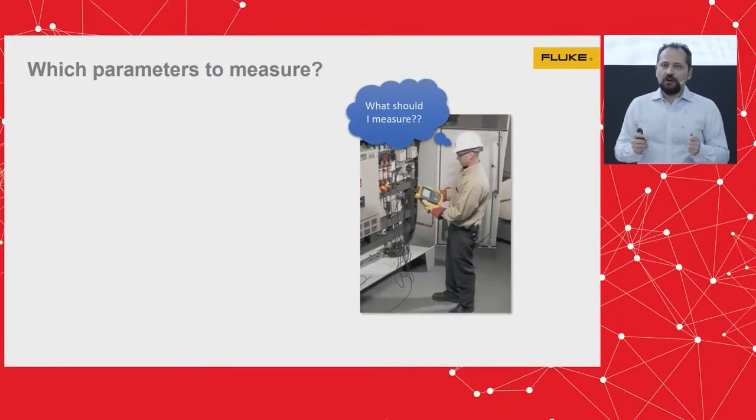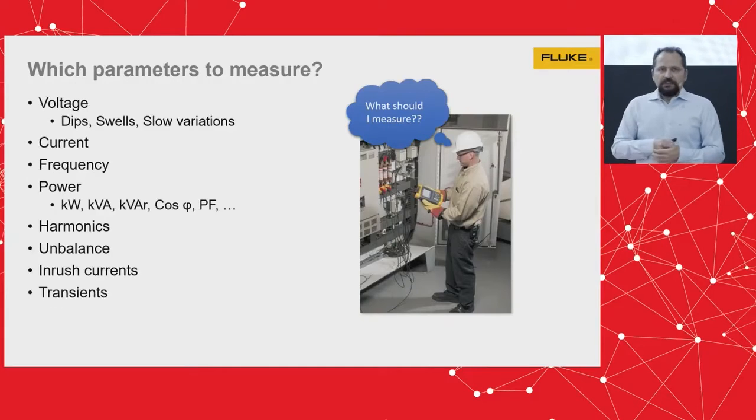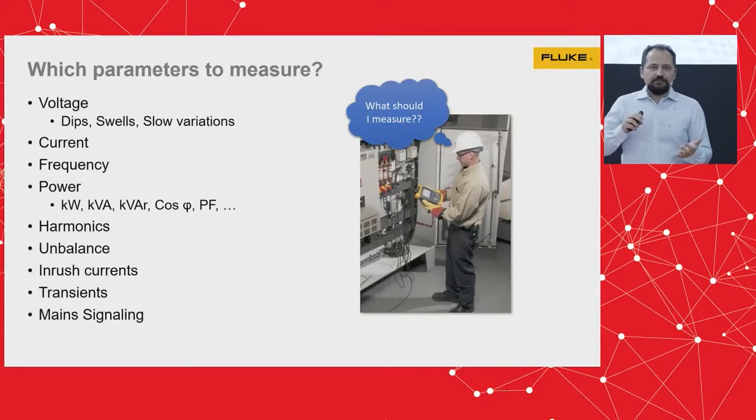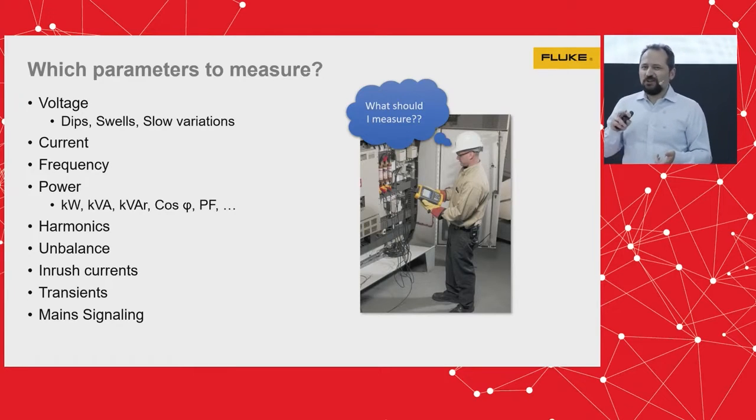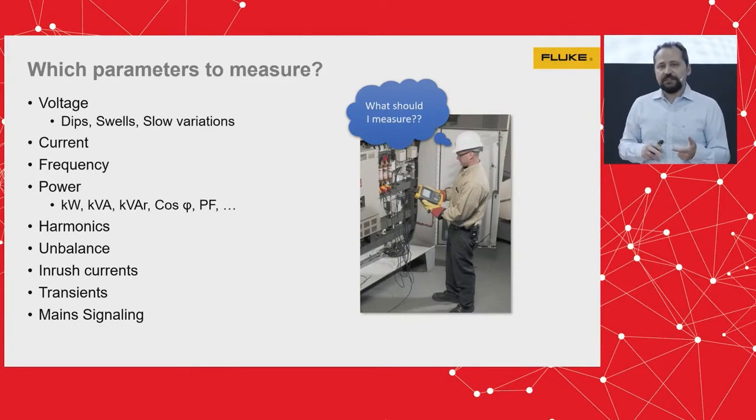Now, what should I measure in order to identify the different issues that may be present at my facility, talking about an industrial customer? There are many parameters. Of course, we need to measure voltage, current, frequency, but also unbalance in three-phase systems, harmonics, and flicker, one of the issues that we were mentioning.